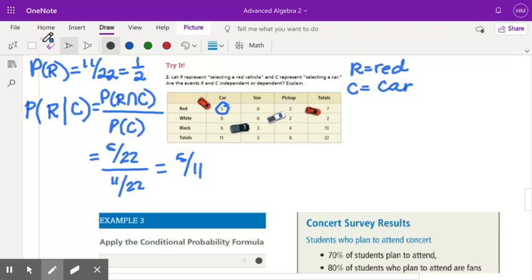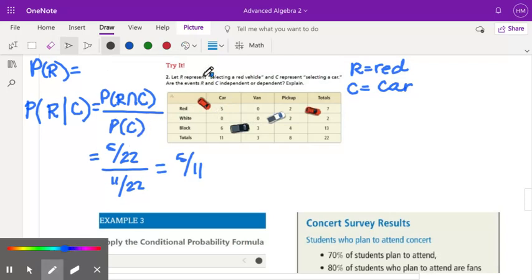Now, for red, I miscalculated this, so let's go back. Let's try that again. I think it gave you the probability of a car. Okay, probability that this is red. How many reds are there? 7 out of 22.